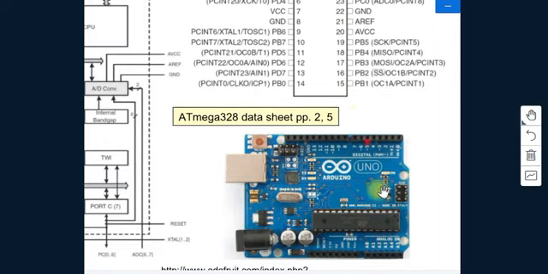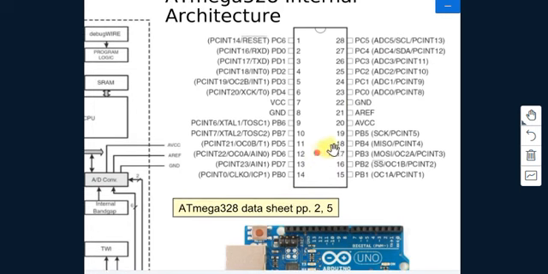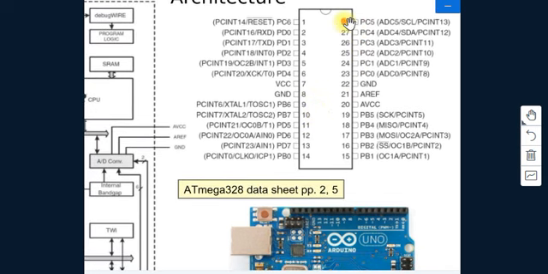So this port is basically port C, and it consists of 6 pins, P0 to P5. So these ports are basically ADC pins. So ADC means it uses the analog input.